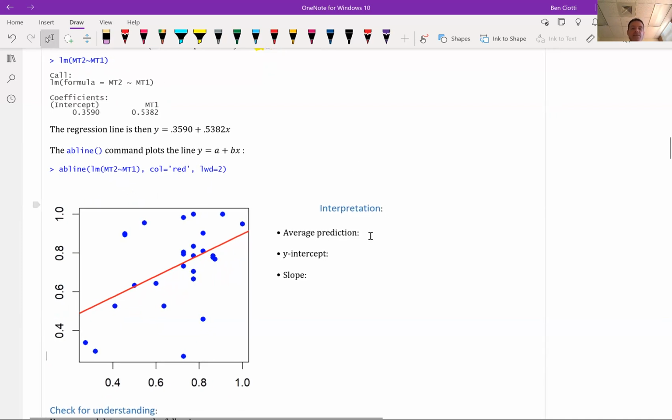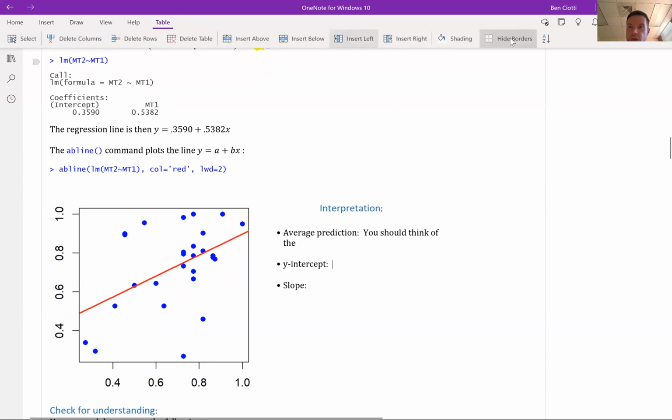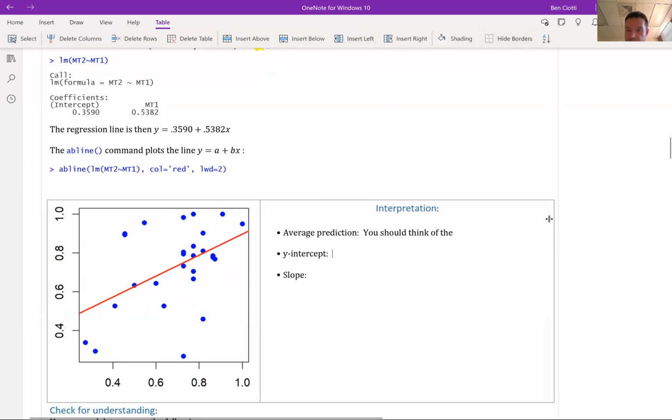And let me explain how to interpret it. So you should think of the y value that corresponds to a given x value.